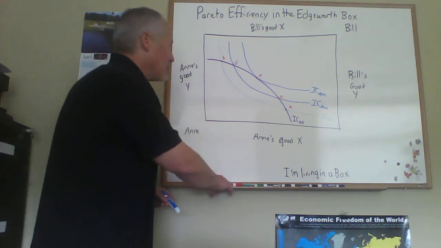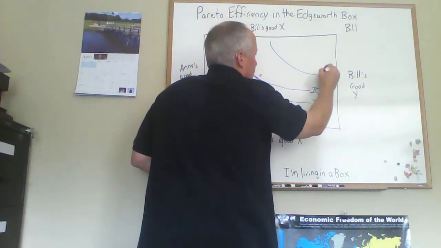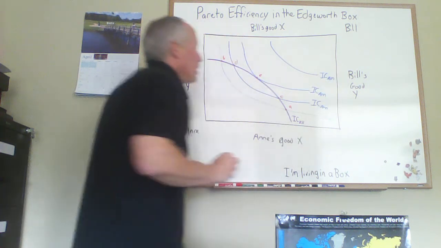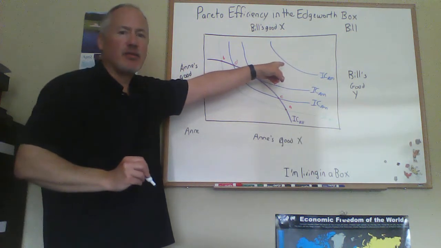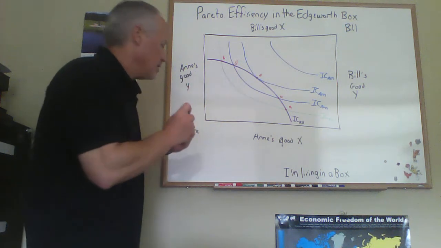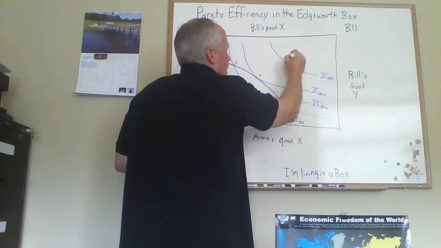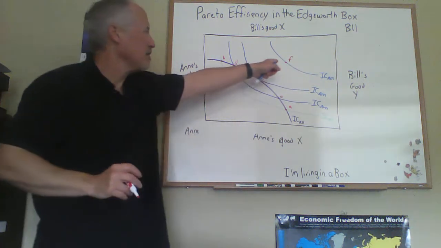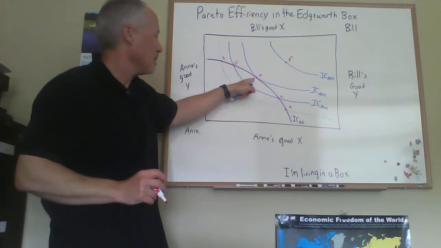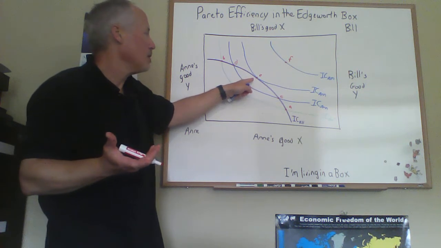And we do need that second part of that, because we could, for instance, try to move Ann up to an even higher level of utility here. Here's an even higher level of utility indifference curve for Ann. So we think of a point F here. F on Ann's indifference curve is a way to make Ann better off than we would be at E. But the second part of that definition isn't going to hold.